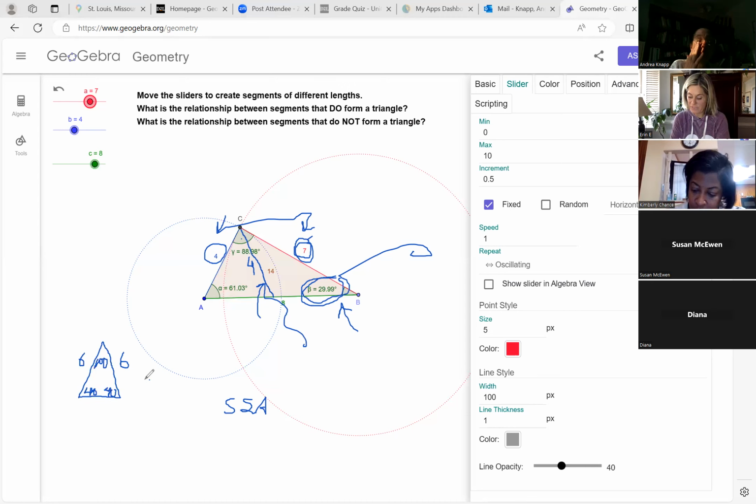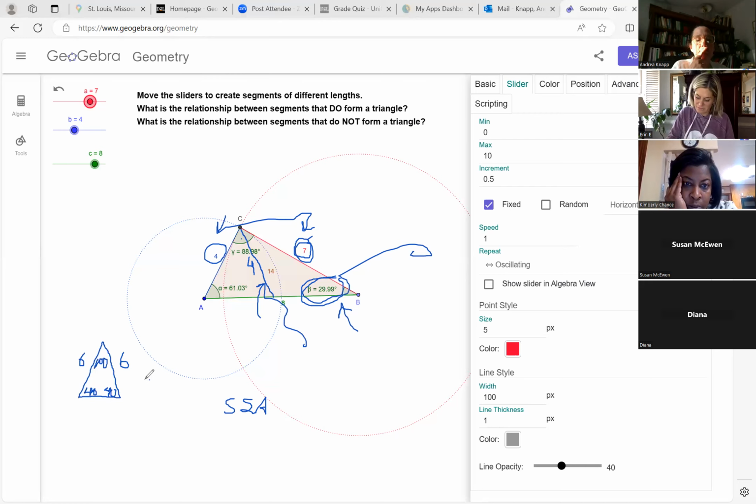Okay, so if it's a non-included angle, SSA only works if the two sides that are listed aren't equal in length. Is that right? Mhm. This one, we just had more information given to us in that the sides are equal, the 6 and the 6.